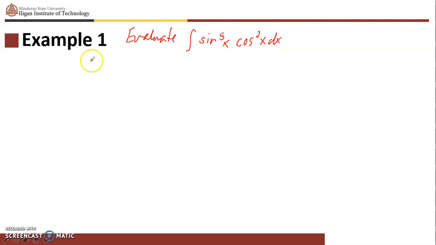So that when we solve this, we will now have to rewrite sine to the fifth x as follows. For the solution, we have the integral of sine to the fifth x cosine squared x dx is equal to the integral of sine to the fourth x cosine squared x.